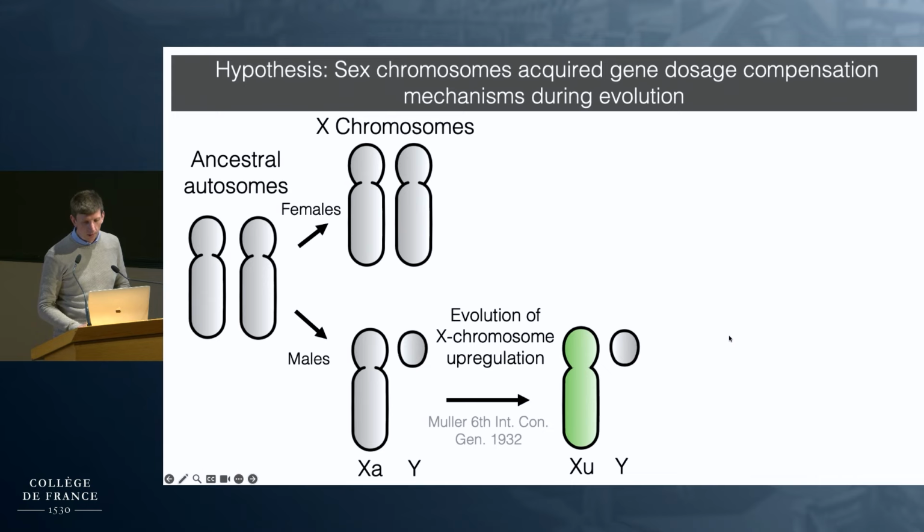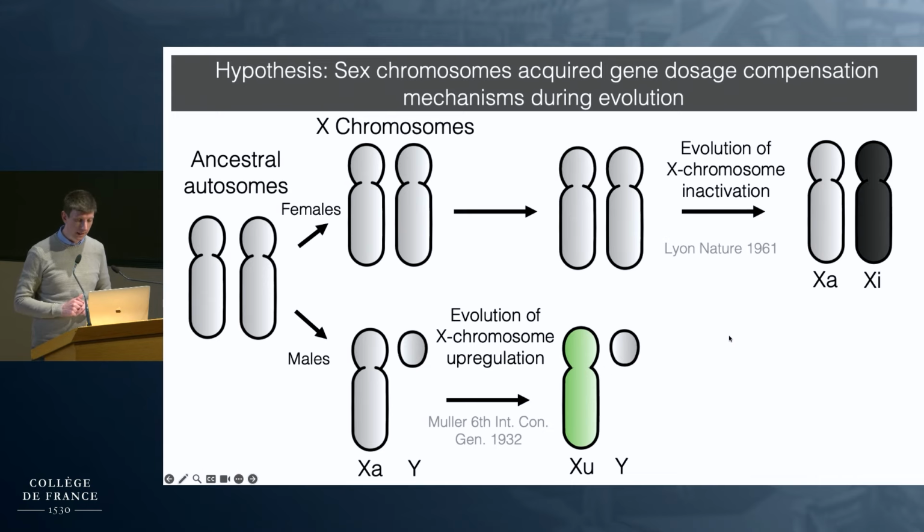A little later, Mary Lyon proposed that in mammals, one of the two X chromosomes is inactivated in females in early development, which has also been largely confirmed.